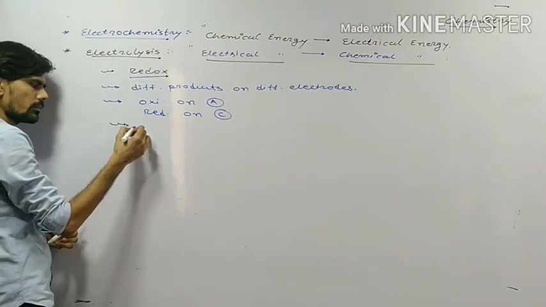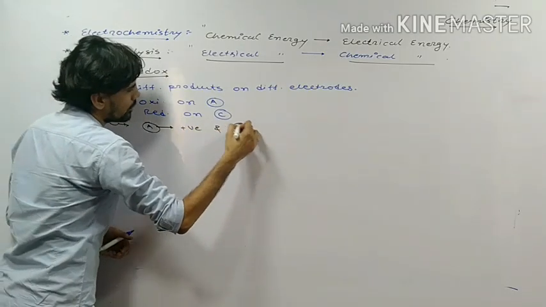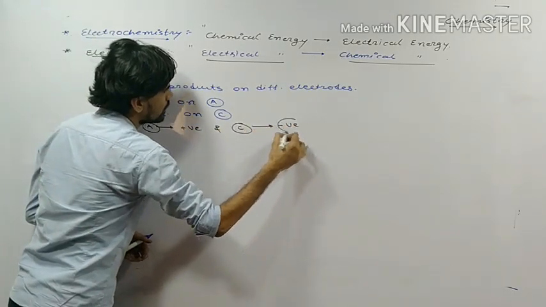Another thing, anode is positive and cathode is negative.